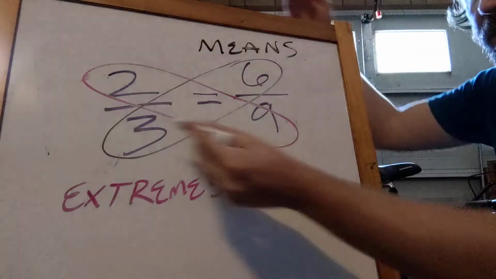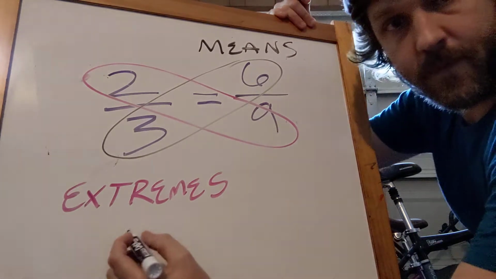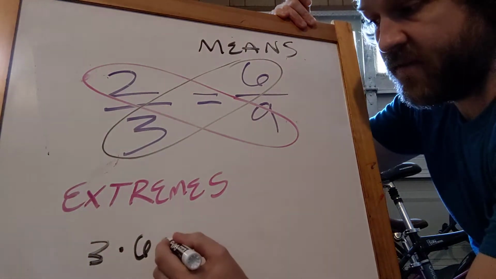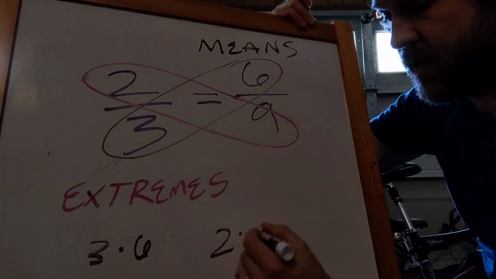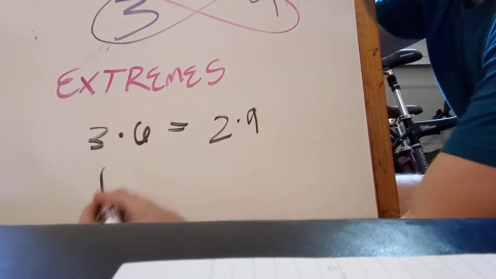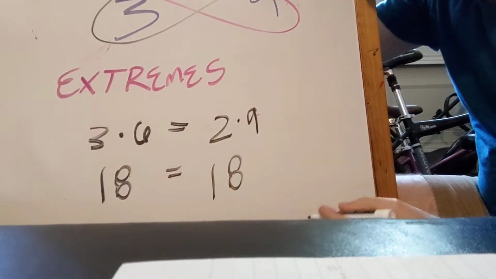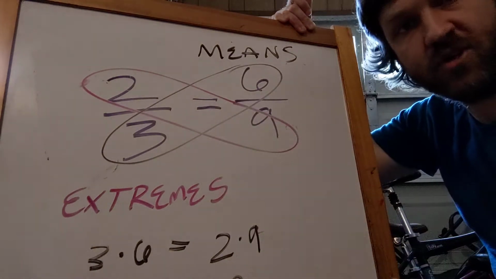If I multiply the means, 3 times 6, and multiply the extremes, which is 2 times 9, they are always equal to one another. So 3 times 6 is 18, 2 times 9 is 18, and so you see the means and the extremes are equal to each other. That's true for all numbers that are in proportion.